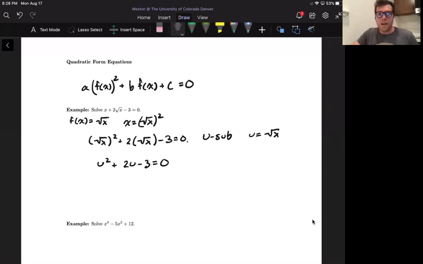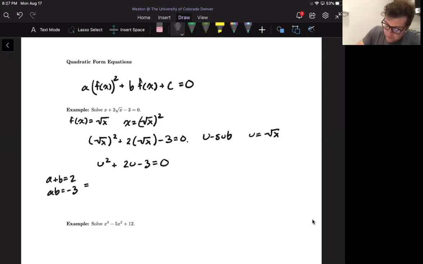And now we're well on our way to finding a solution because we just have a quadratic and we know how to solve that. This one's a pretty easy one to find using the diamond method. So we just want to find a and b, where a plus b is 2 and a times b is -3.